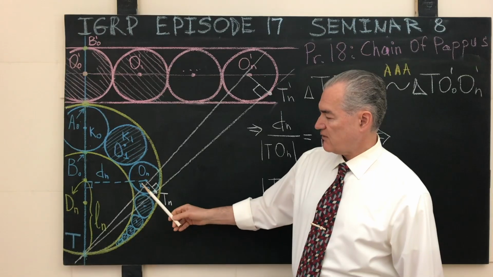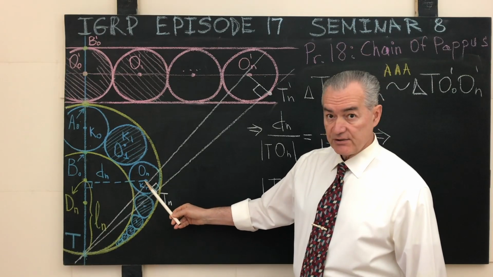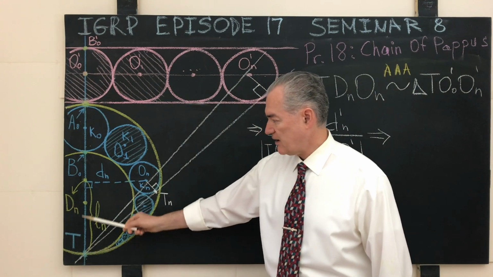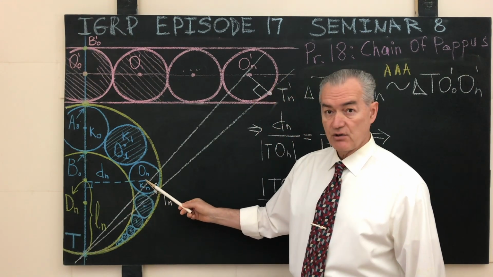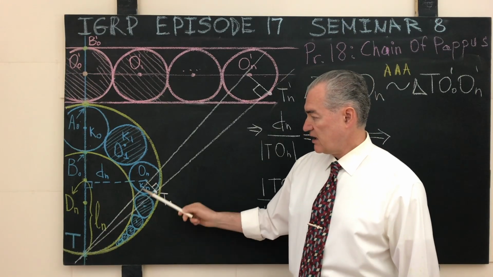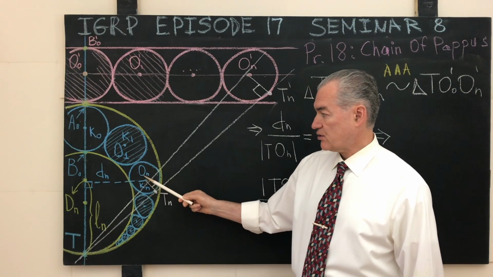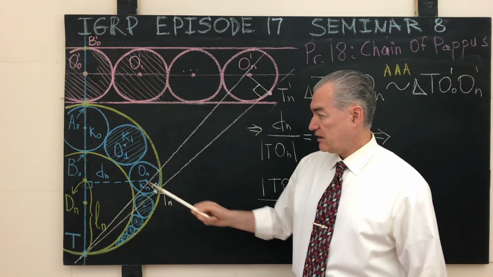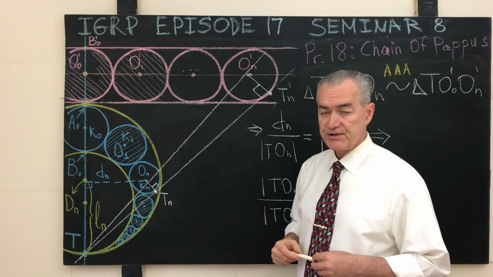And by recovering the horizontal displacement dn and the vertical displacement ln of the center of the nth inscribed circle, we will know precisely the position of the center On of the nth inscribed circle in thus chosen coordinate system.